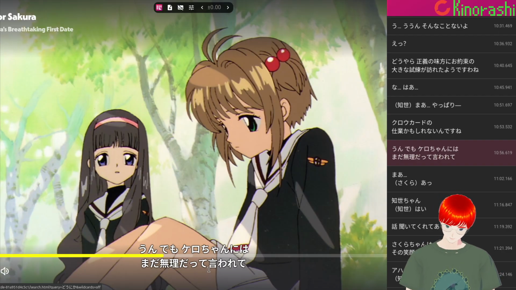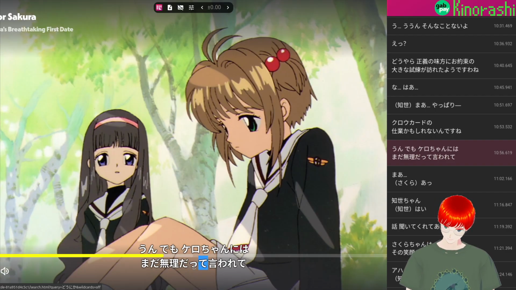Demo Kero-chan ni wa mada muri datte iwarete, or in other words, Kero-chan told me that it's impossible. It's still impossible for me. The meaning that it's talking about her is implied. This da is the copula da, and this is that casual way of quoting.